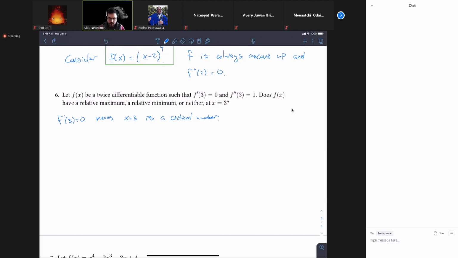F double prime of 3 being equal to 1 means that f is concave up at x equals 3. A positive second derivative means that you are concave up at that point.